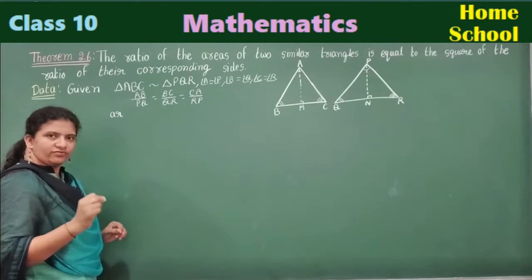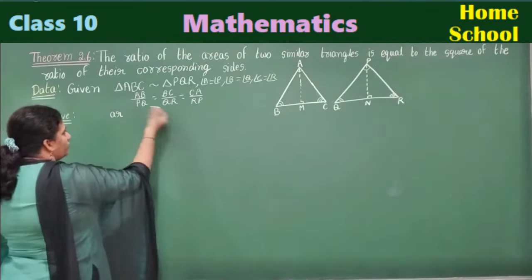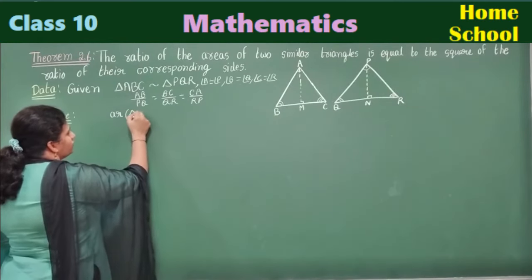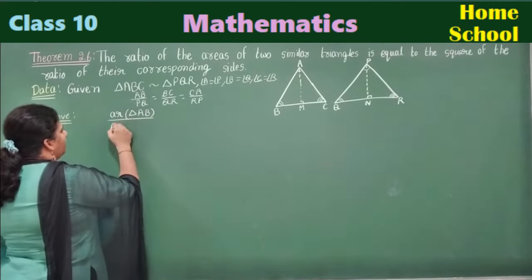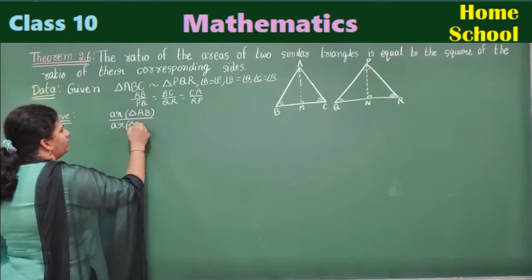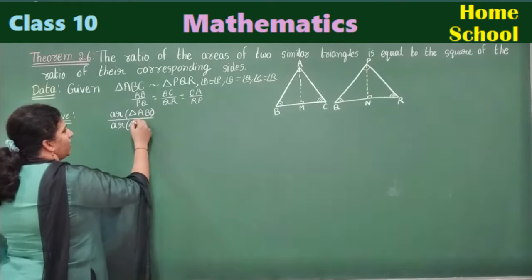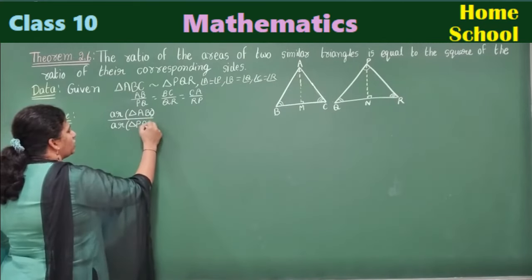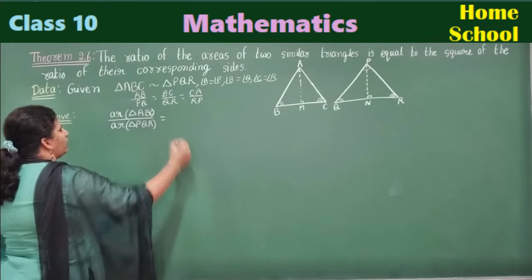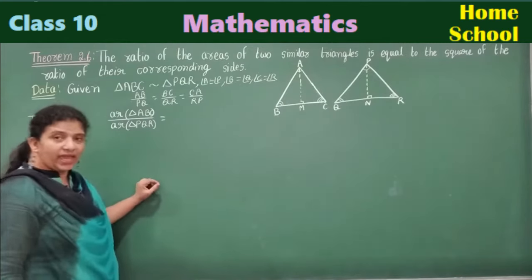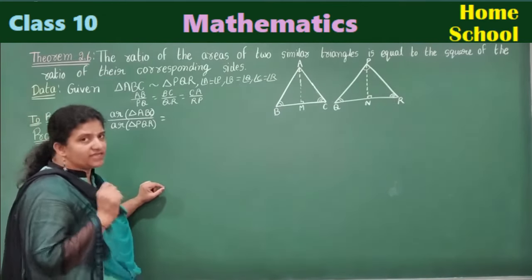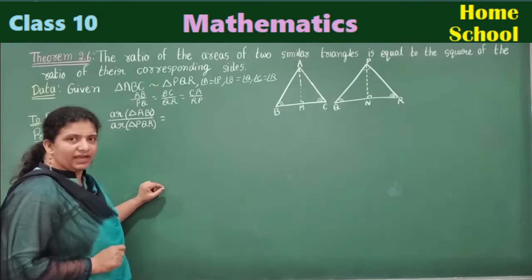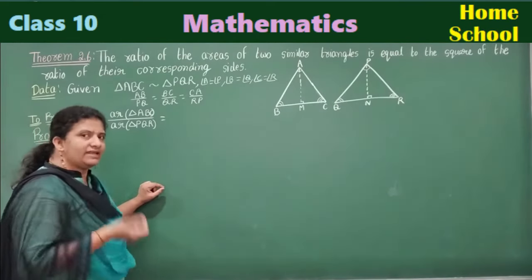AR is a shortcut for area. Or if you want, you can write area of triangle ABC by area of triangle PQR is equal to the square of the ratio of their corresponding sides. Which side can I take here? You may take any side.